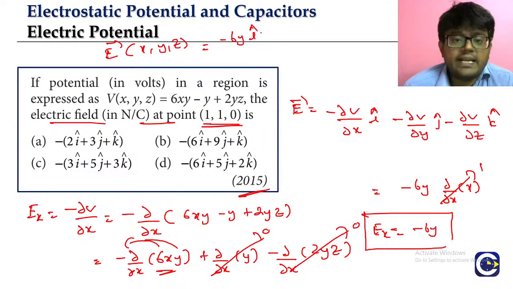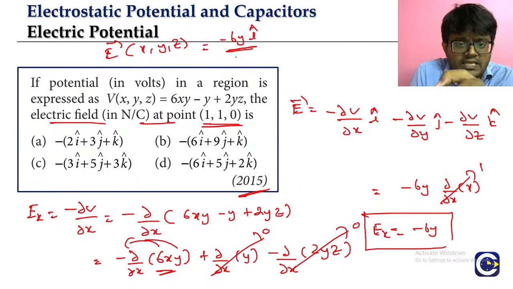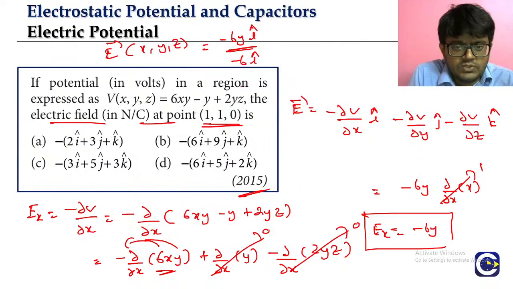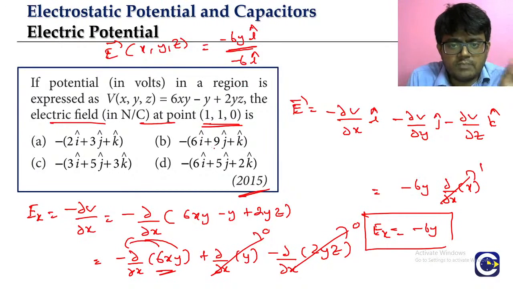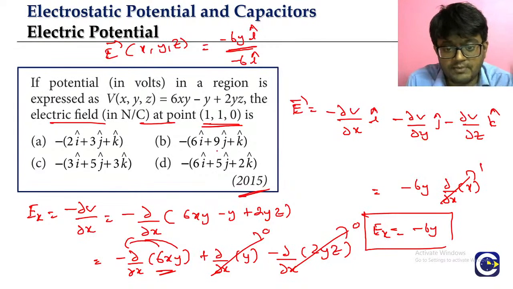See, the moment I get the x component right, I will think about it. Here we need the x component, so I need to substitute the value of y. What is the value of y? 1. Substituting here, what comes? Minus 6i. So the x component, the i component, will be minus 6.